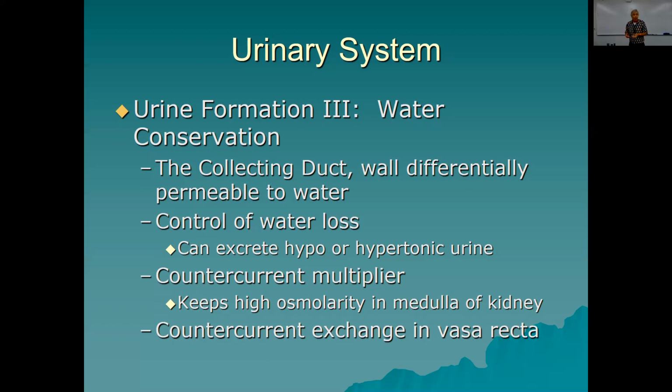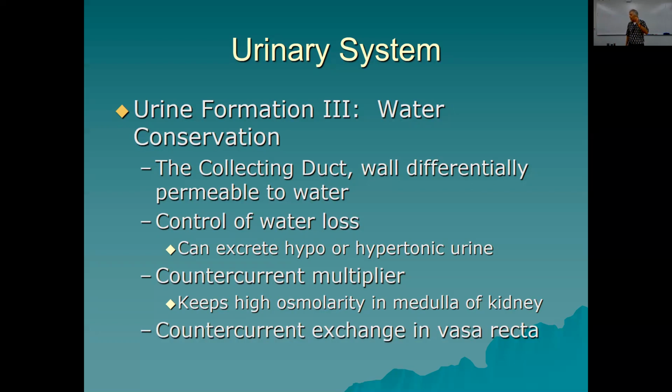If ADH is present, it is permeable to water, and water can be reabsorbed. And this allows for controlled water loss to excrete hypotonic or hypertonic urine. Hypotonic urine would be urine that's more watery than blood. Hypertonic urine would be urine that's saltier than blood. And so it all depends upon your level of hydration and how much ADH is present.